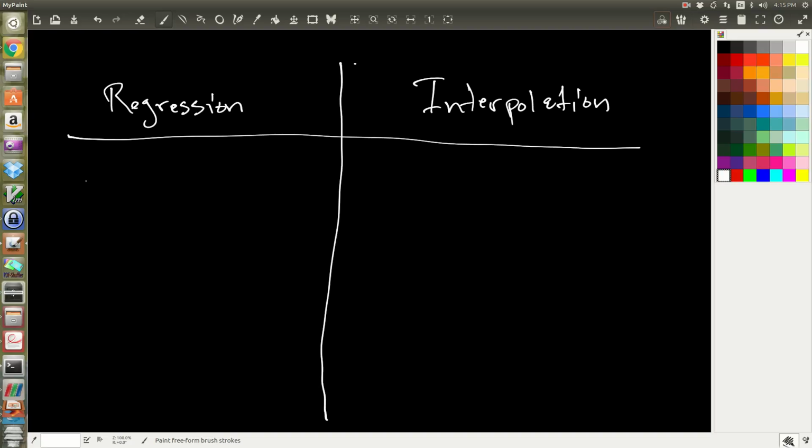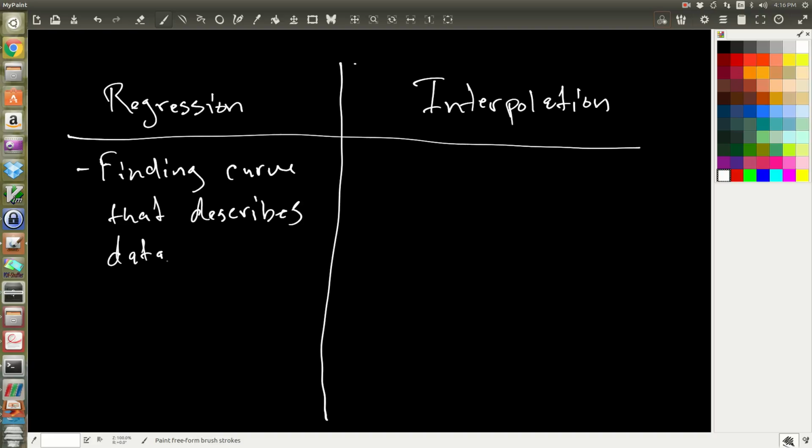Alright, so regression, we are finding a curve that describes the data trend.